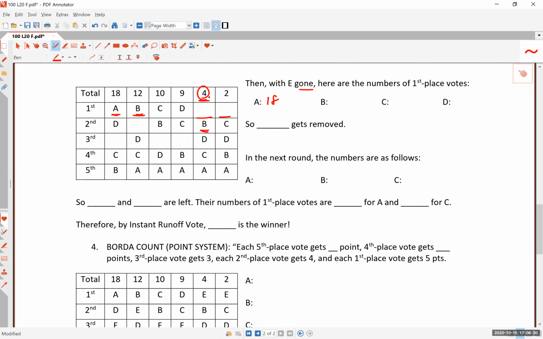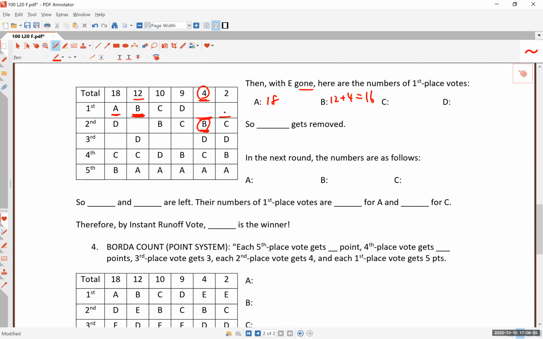So these 4 people who voted for E first, well, now E is gone, so now they're going to join B supporters, right? So now B has 12 plus 4. That's 16 first place votes. Did you see what happened here? So B not only has these 12 people who voted for B in the first place, but 4 people have joined the B camp.